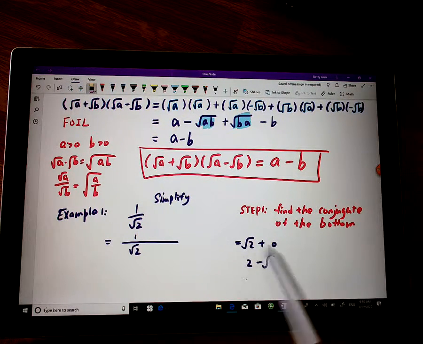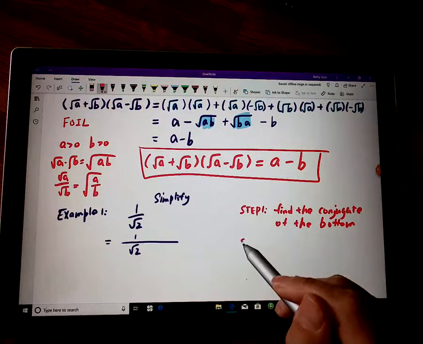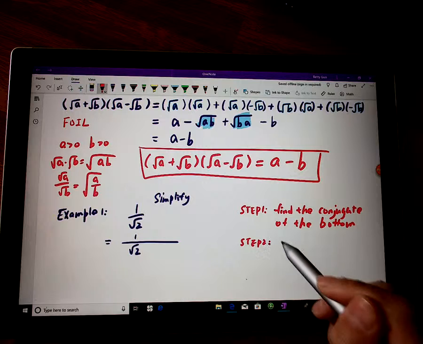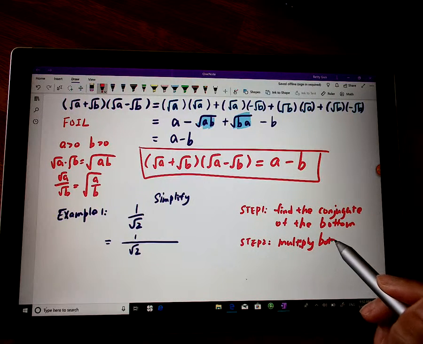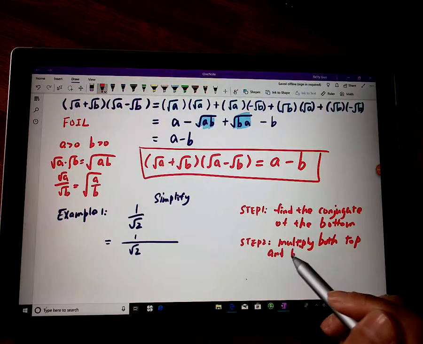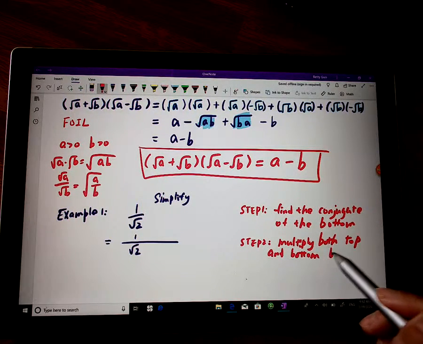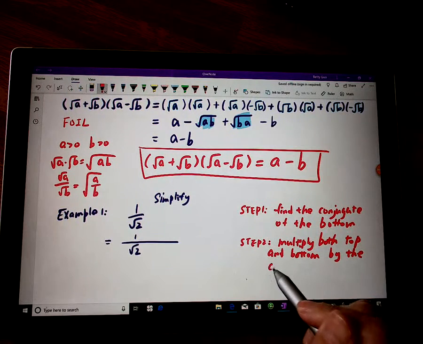So we are going to multiply both top and bottom. That's going to be our step 2. Multiply both the top and the bottom by the conjugate that we found from step 1.